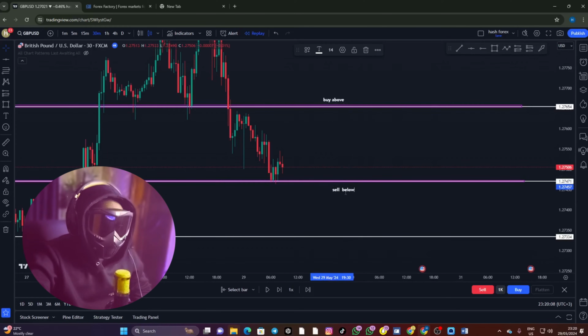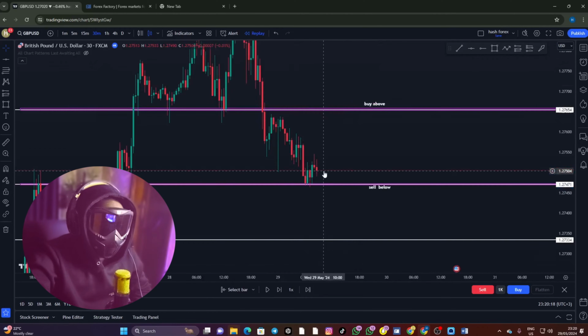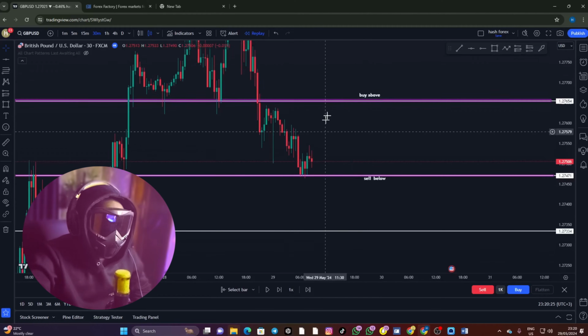If the market is still trending in that zone, I will not be getting any entries. I want to take my entries when we are out of this zone. In order for me to buy, I need the market to be trading above this zone, and in order for me to sell, I want the market to break that level here.